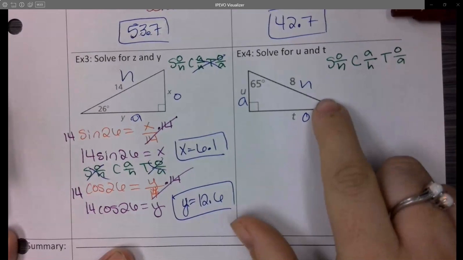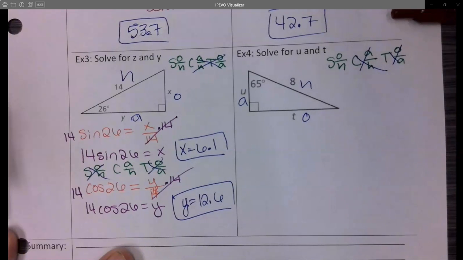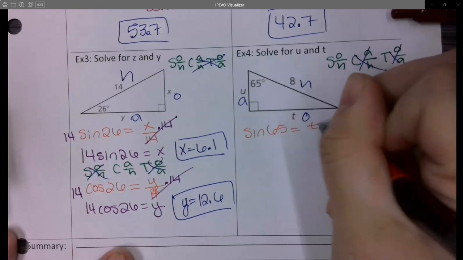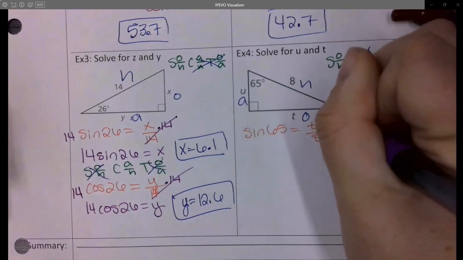Okay, so I have opposite and hypotenuse to solve for T. So that is going to give me sine. So I'm going to have sine of 65 equals, opposite was T, hypotenuse was 8. Then I want to go ahead and get T all alone, so I'm going to multiply both sides by 8.